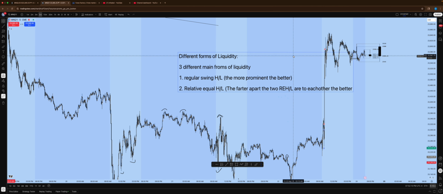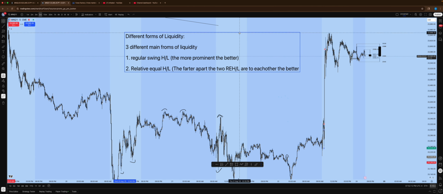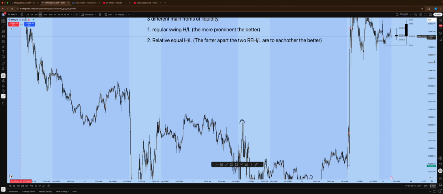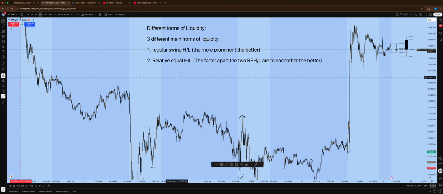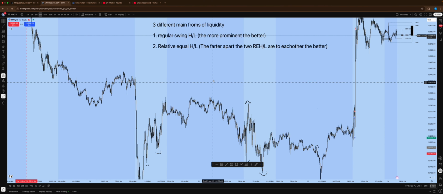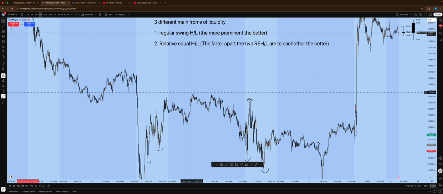Sorry, this is kind of getting crazy now, but what relative equal highs and lows mean are basically equal highs and lows that aren't exactly touching each other at the same point.